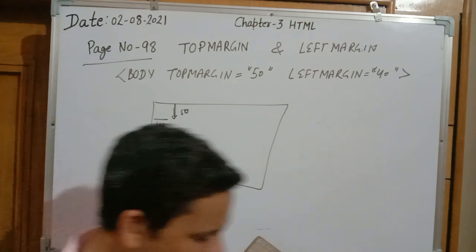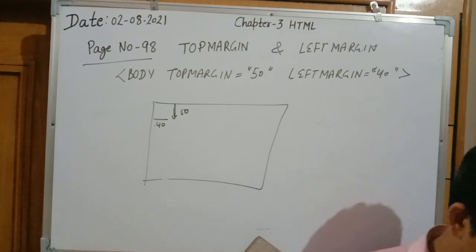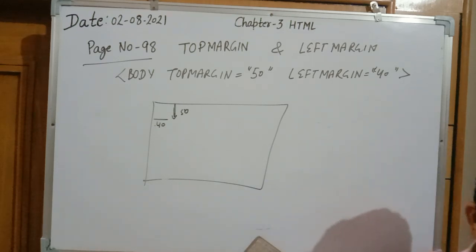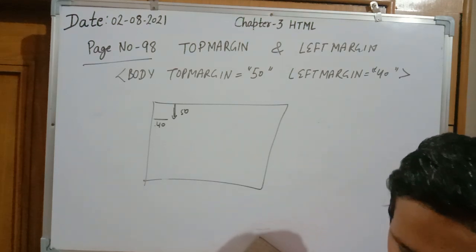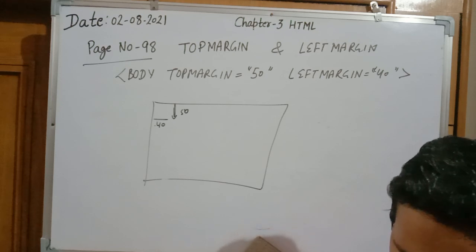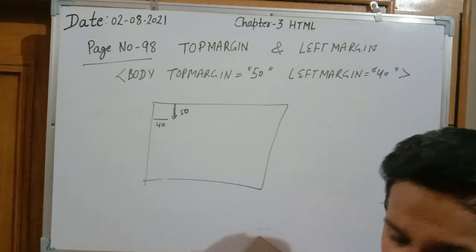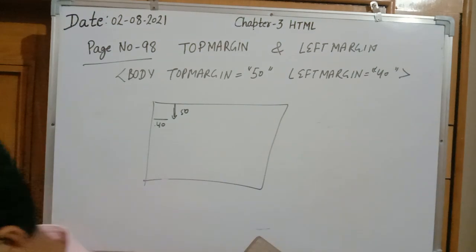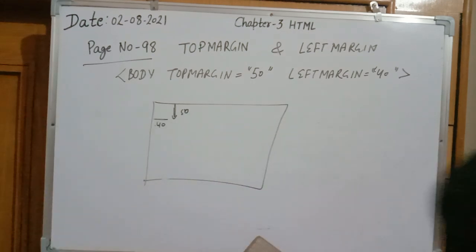First it will display a heading, H3, which is a type of heading. Afterward it will display the complete program by giving space 40 from the left side and 50 from the top. This is the output of program number 4, visible on page number 98.